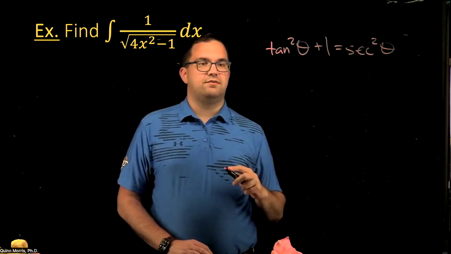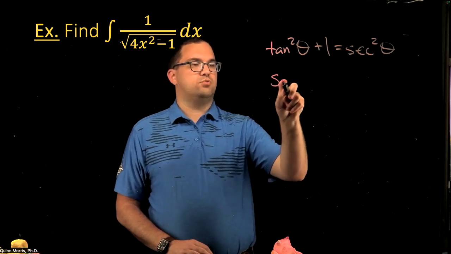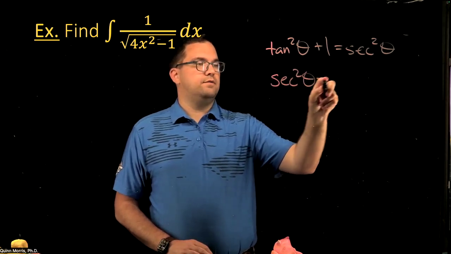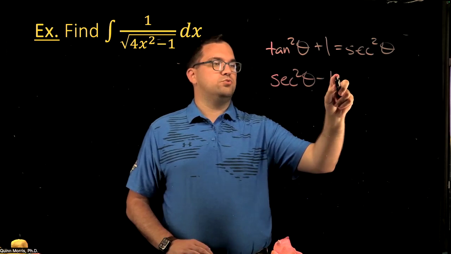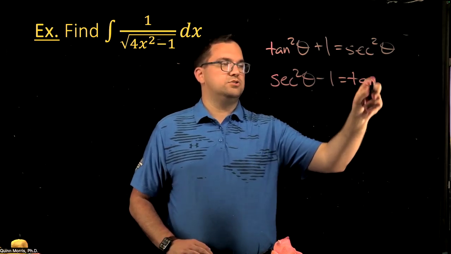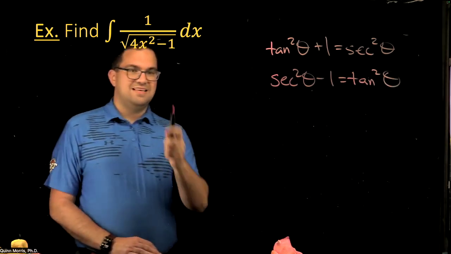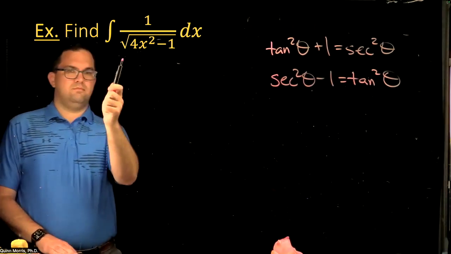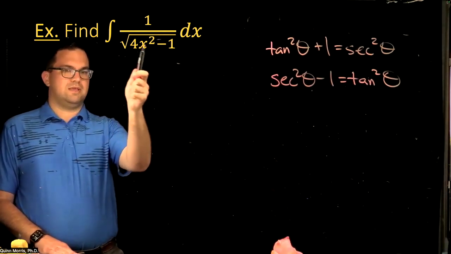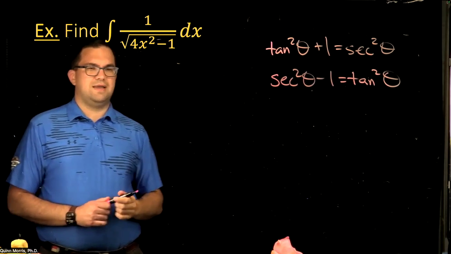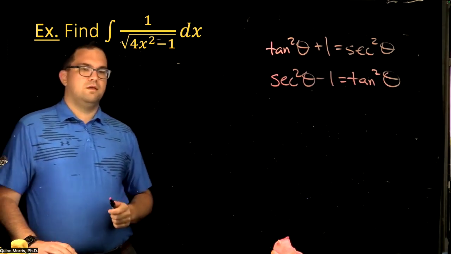But now I'm going to subtract the 1 over, and I'm going to swap sides here. So secant squared theta minus 1 is equal to tangent squared theta. This is starting to look a little bit more like this. So I'm starting to think maybe I need to substitute in something like a secant.